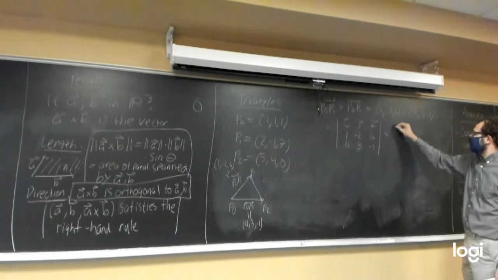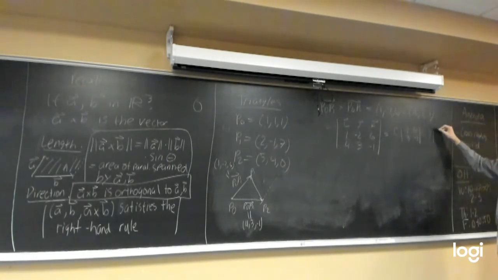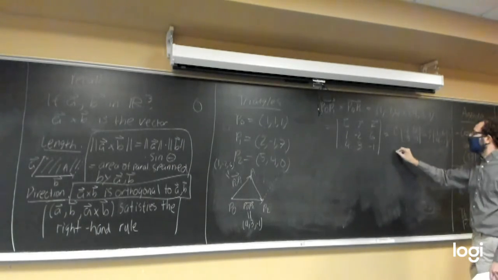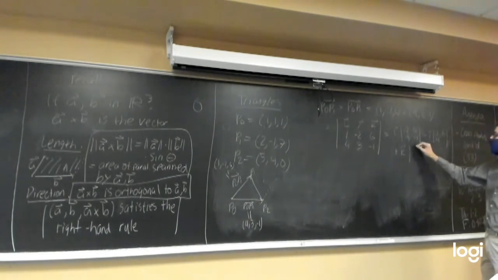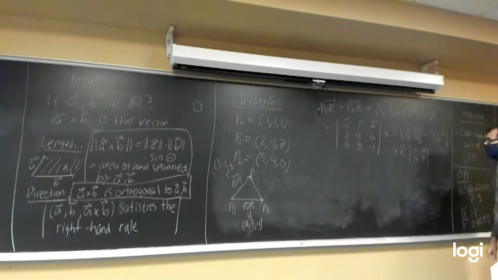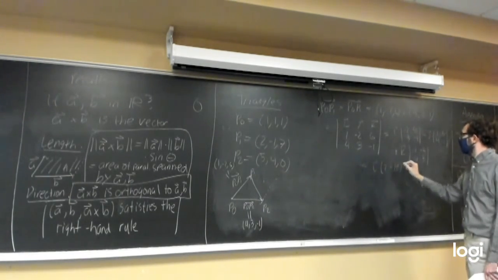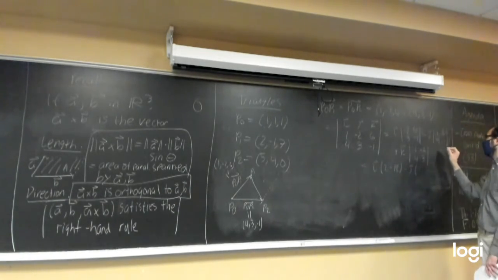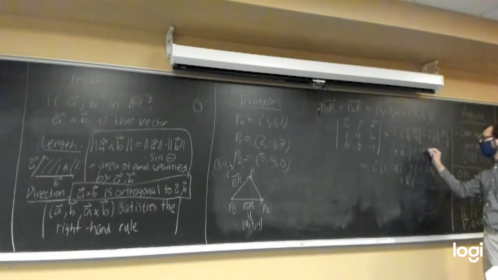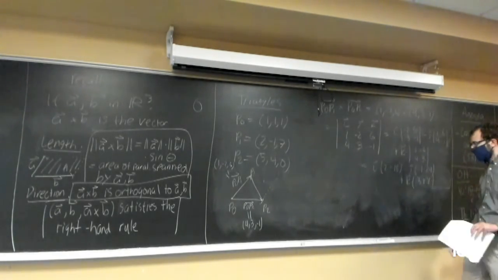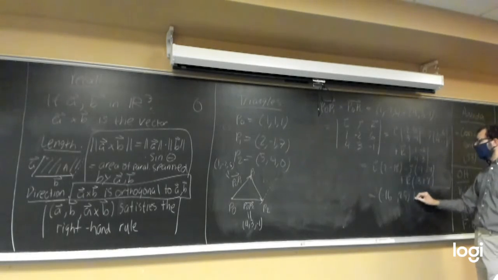So that's going to give us i times the determinant of -2, 6, 3, -1, minus j times the determinant of 1, 6, 4, -1, plus k times the determinant of 1, -2, 4, 3, which when we evaluate is going to give us i times 2 minus 18, minus j times negative 1 minus 24, plus k times 3 minus a negative 8, which is going to give us negative 16, negative 25, so positive 25, positive 11.